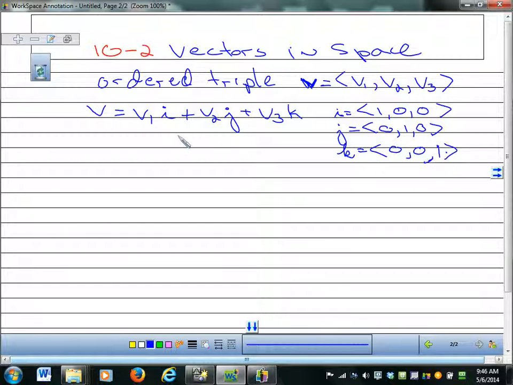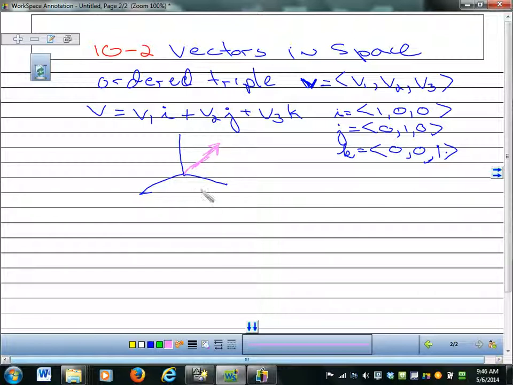So in other words, if I have some vector, let's make some vector going out this way in space, okay?